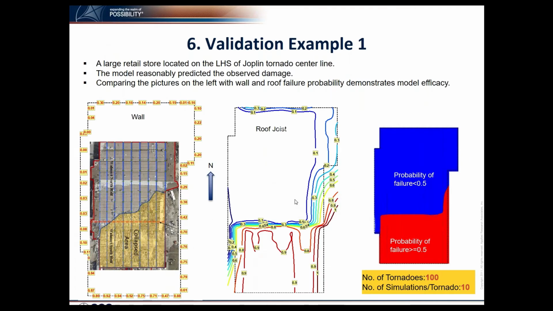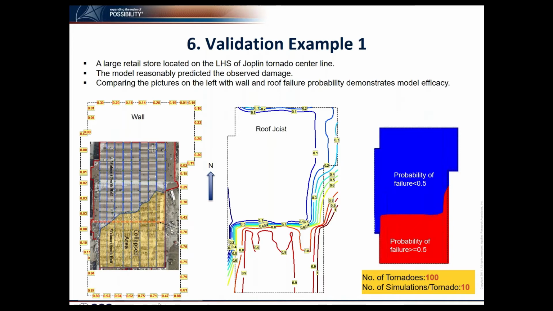Now I'm going to present quickly some of the validation examples. The first one is a large retail store damaged in the Joplin tornado. This is showing the collapsed area and the plan view. We modeled the tornado based on the NIST report and other literature studies, and we modeled the building based on the structural information we obtained from NIST.